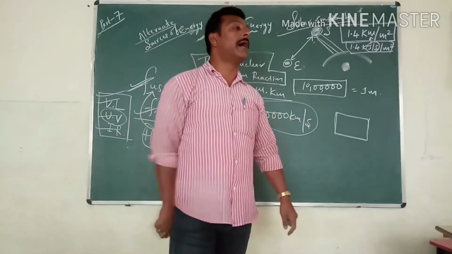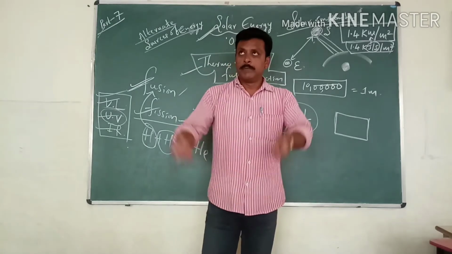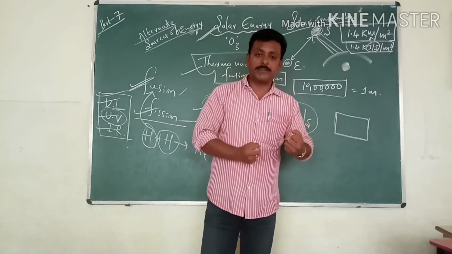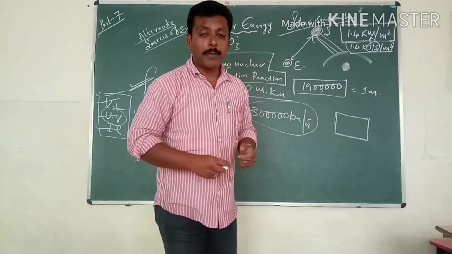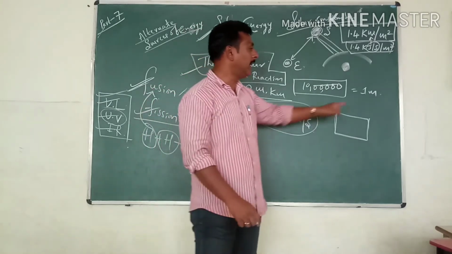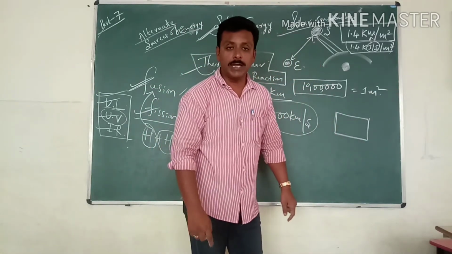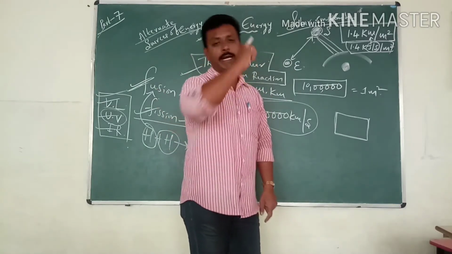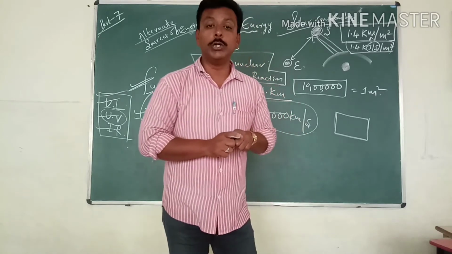What do you mean by solar constant? Solar constant is nothing but the energy received by our earth atmosphere from the sun. How much area? We have to take 1 meter square of area, and how much time? 1 second. 1 को बोलने के लिए we are using the word unit.